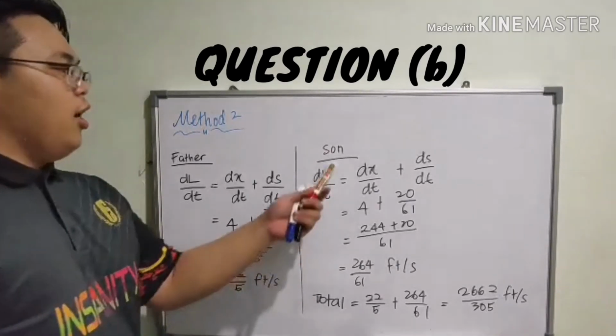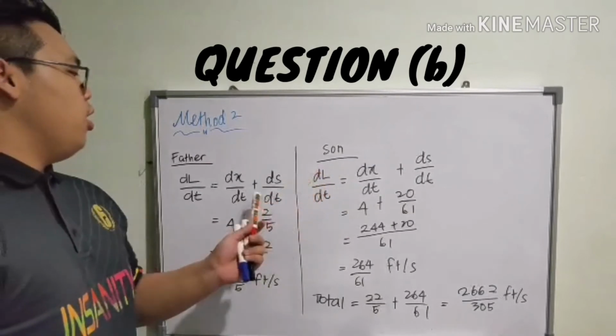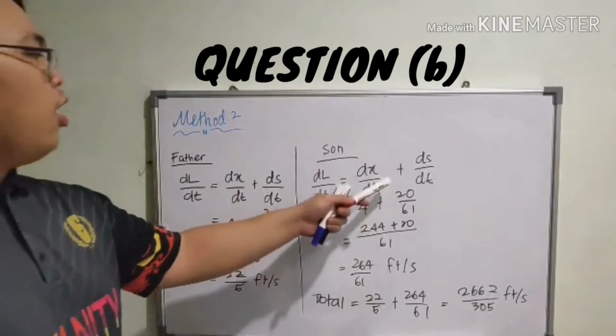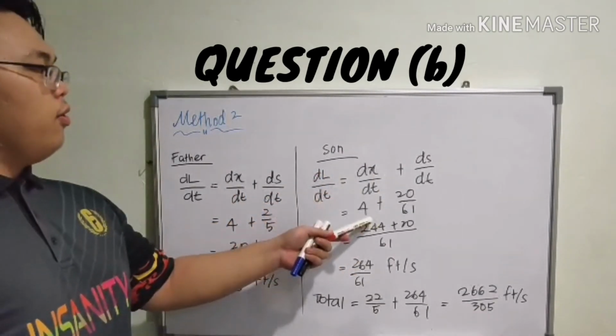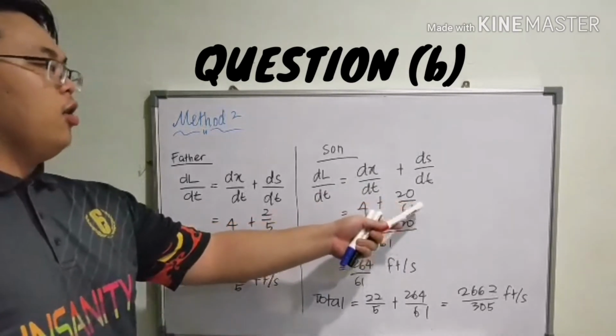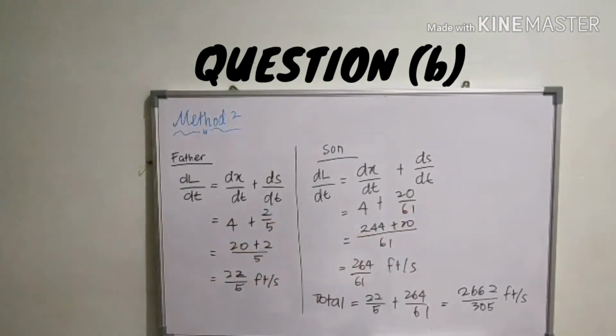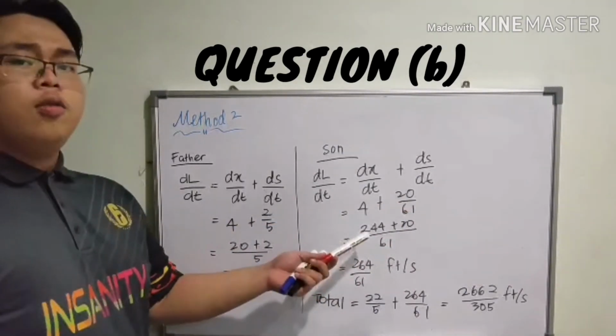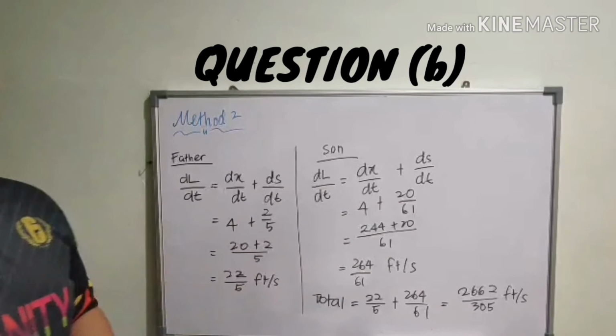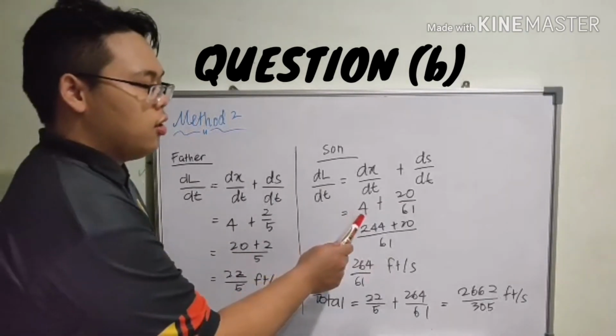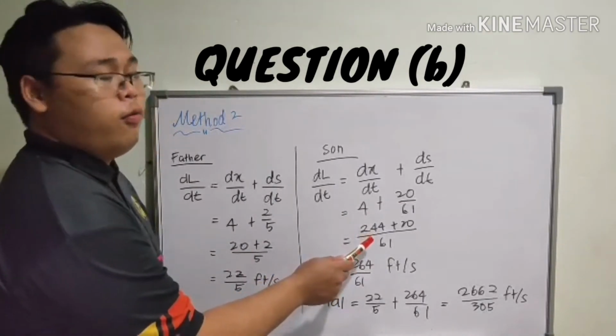Alright. For the son, it is the same as this. You have dx over dt equal to 4 and ds over dt equal to 20 over 61. These are given by the question, so you can easily get the answer. Why do you get 244?